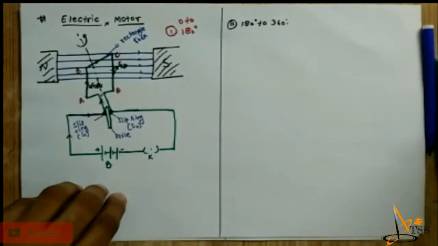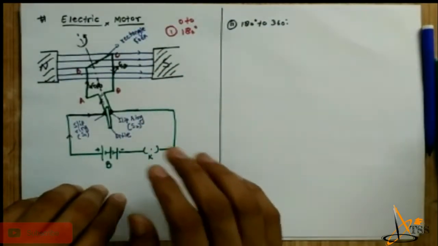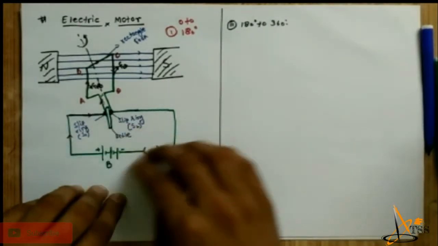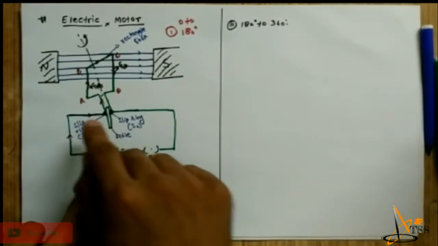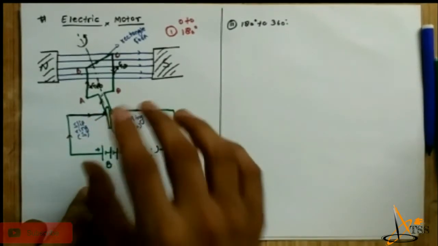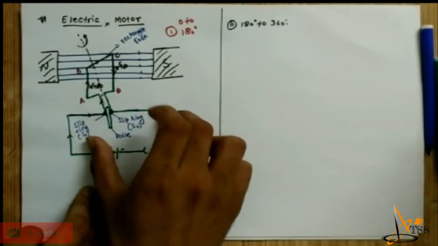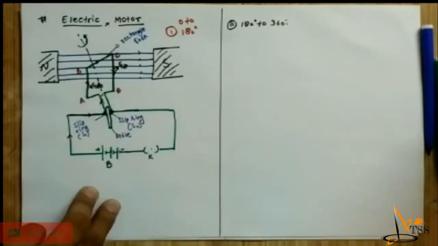But the biggest advantage of this circuit is that we use the slip rings that I said earlier, which are fixed at their point and connected to the wire. The movable one is the coil.